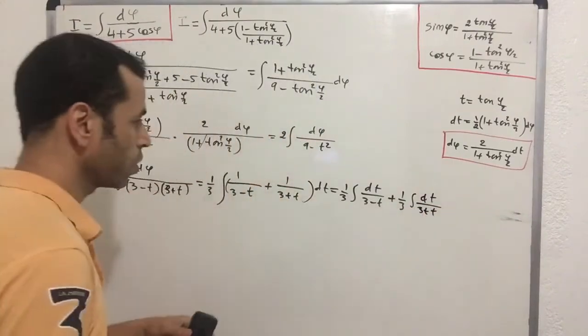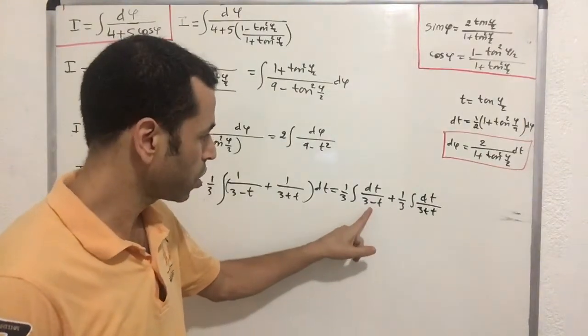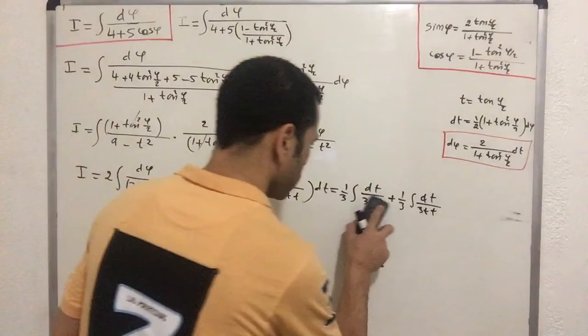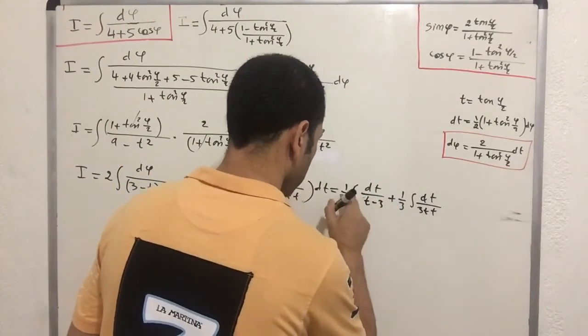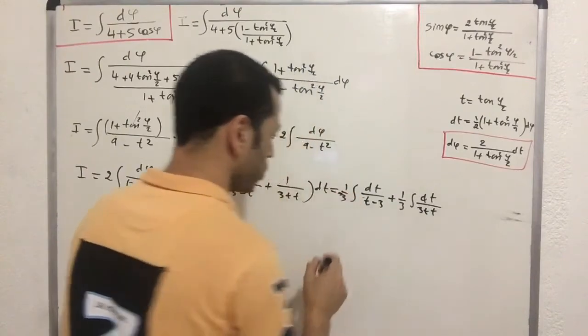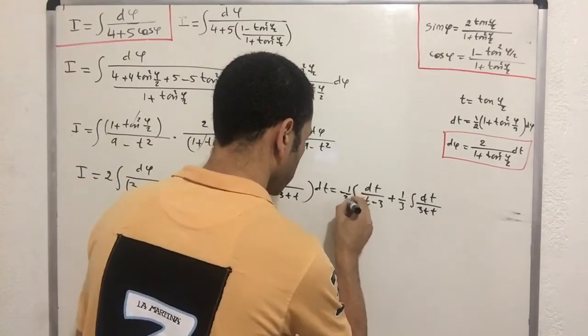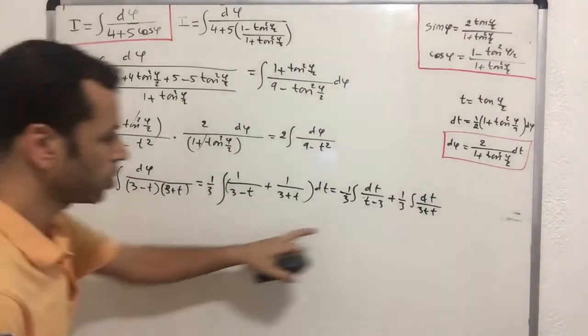Let's change the negative sign and put the negative sign in the front as well. So our integral becomes dt over t minus 3, and we do not forget the minus in the front, minus 1 over 3.